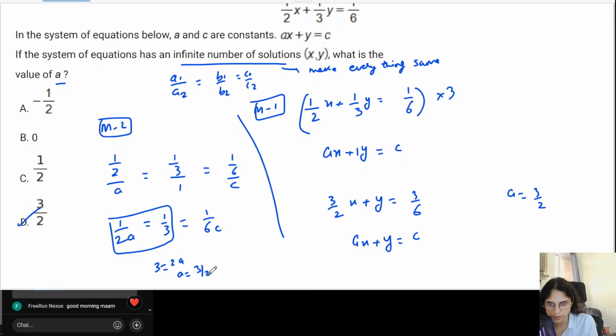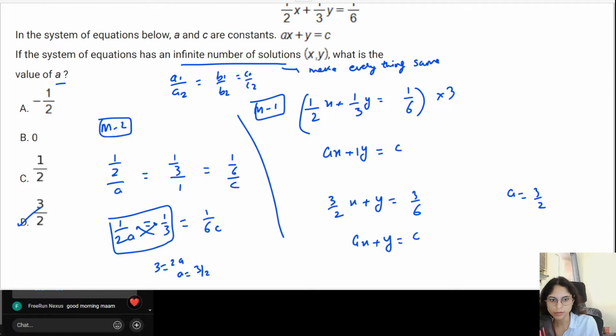A is 3/2. You can directly divide, or you can see what is the relationship. You're going from 1/3 to 1, that means you're multiplying with 3. So A is going to be 3/2. And C is going to be 1/2 if they have asked for C.